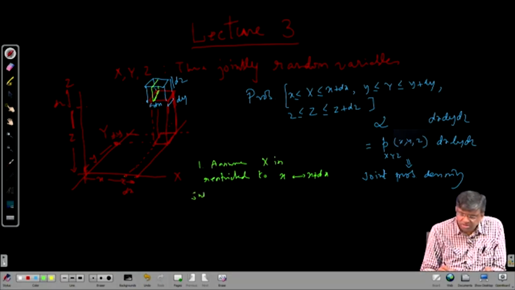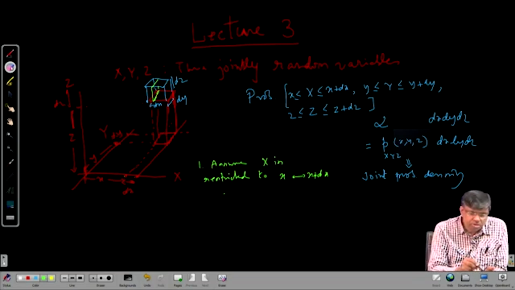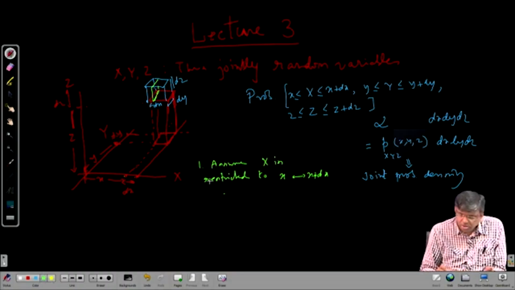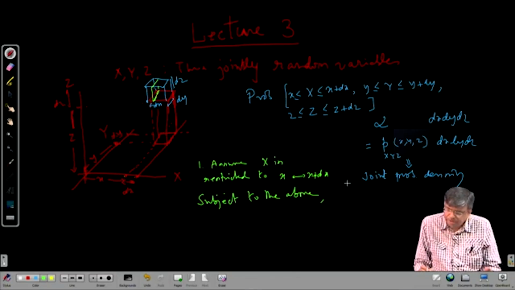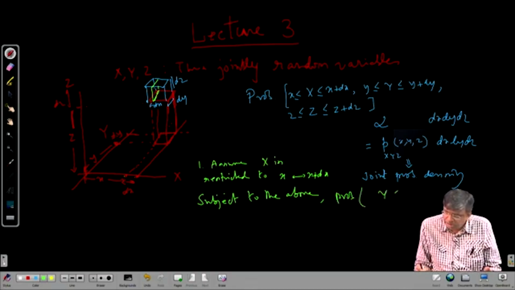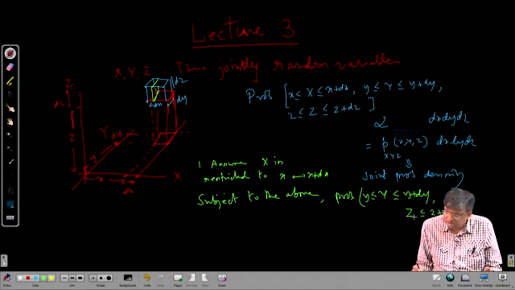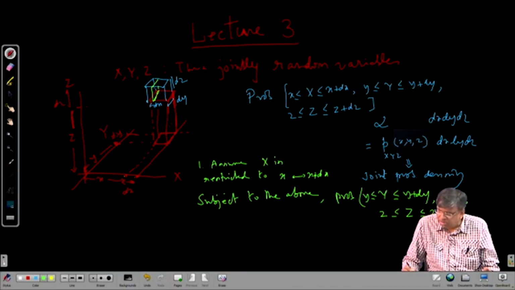So, subject to the above, probability of capital Y lying between small y plus dy, capital Z lying between small z plus dz, subject to the condition that capital X lies between small x plus dx and x.